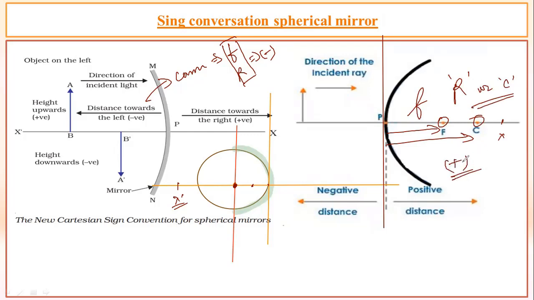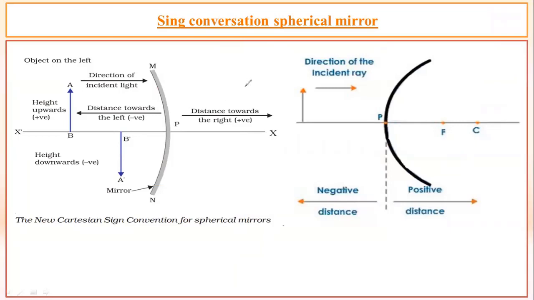Why is it taken as positive? Because you can see over here that the focus and the center of curvature both lie on the x-axis. This is the reason why we use it as positive. So these were the two things you need to remember with respect to the positive and negative signs.